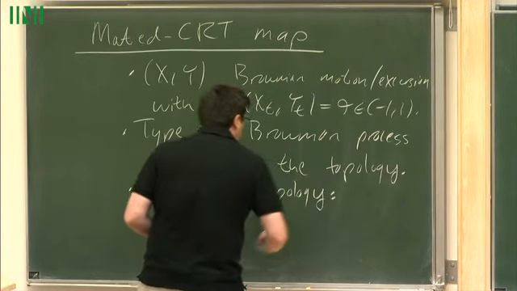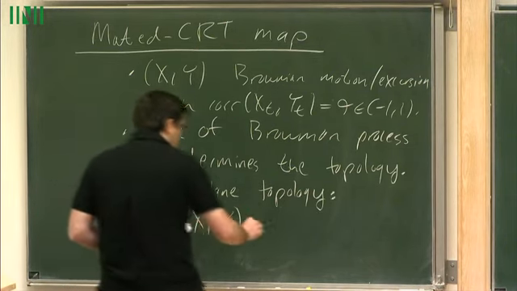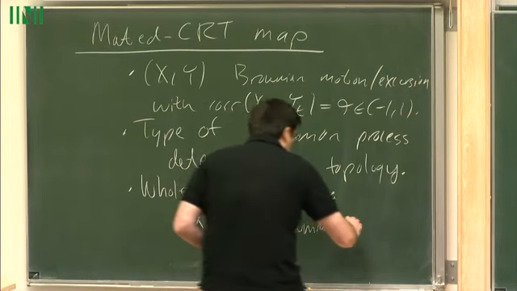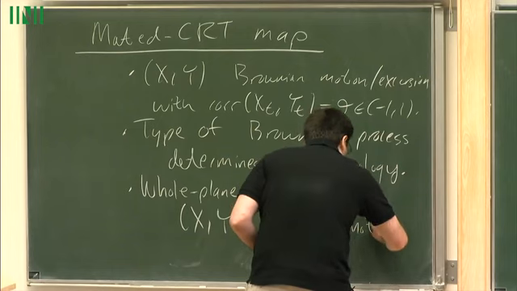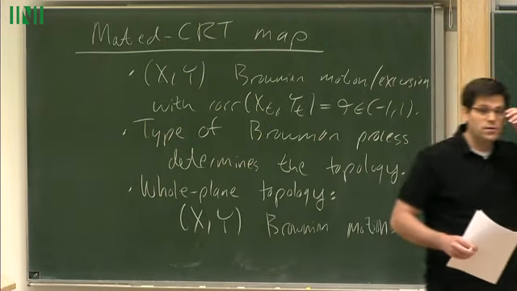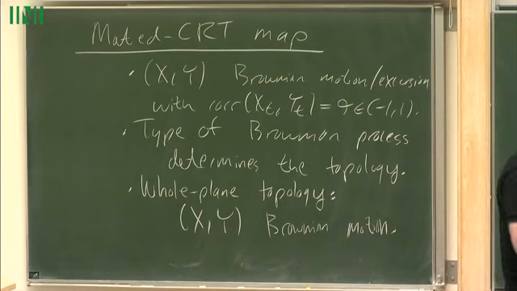The reason that this is the nicest one is that in this case, X and Y are just going to be a genuine Brownian motion with some correlation. So you don't have to consider a conditioned process or an excursion. It's just going to be a Brownian motion.